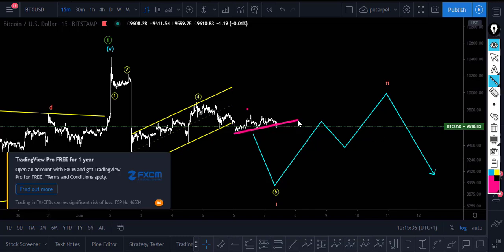We have a trend line here. So now those who trade Bitcoin on the weekend, it's likely you get a sell setup today. But those of us who trade during the weekdays can also get a nice sell setup on Monday. So this is how I would trade this.